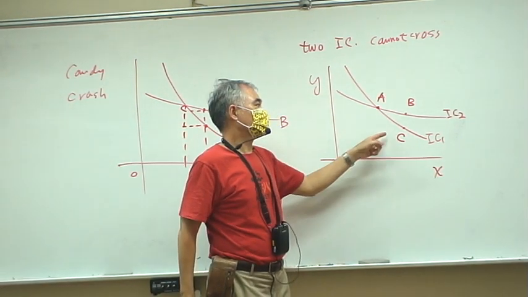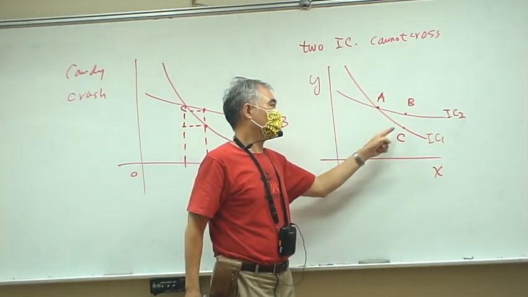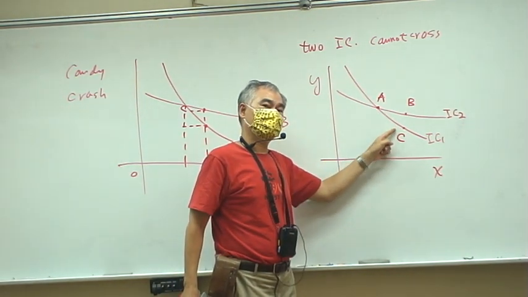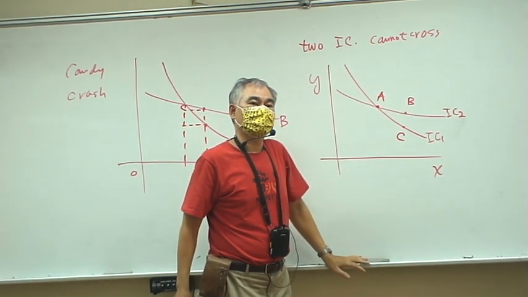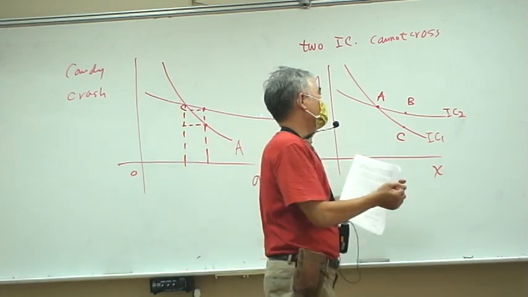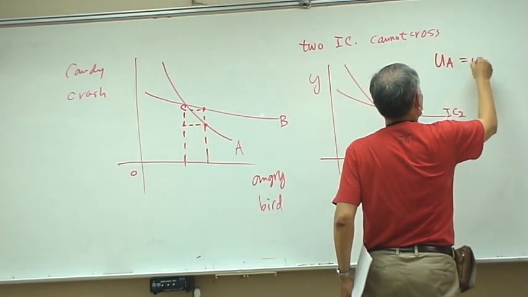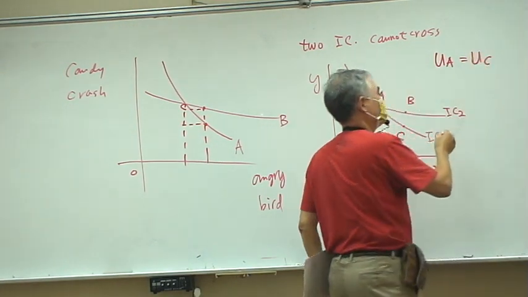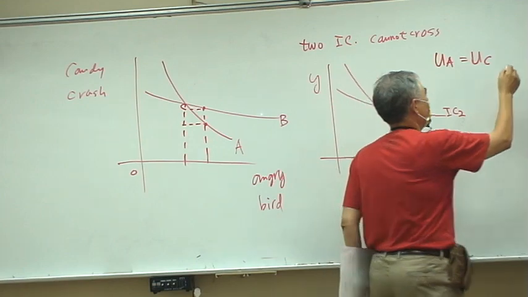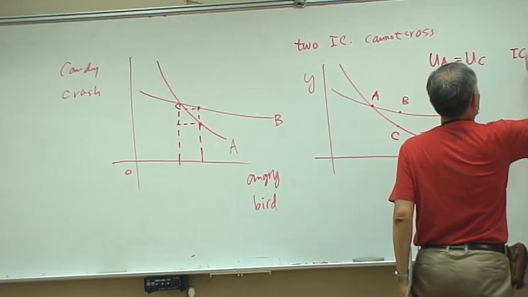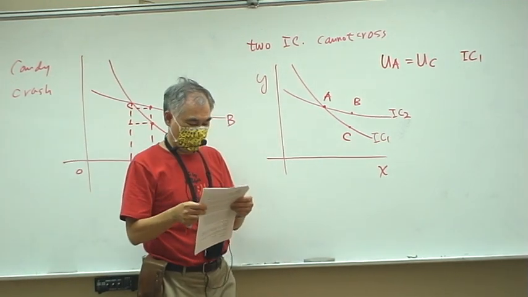What's the relationship between the utility level at A and the utility level at C? Yes, exactly. UA is equal to UC, so utility at A is equal to utility at C, because they are both on indifference curve 1.